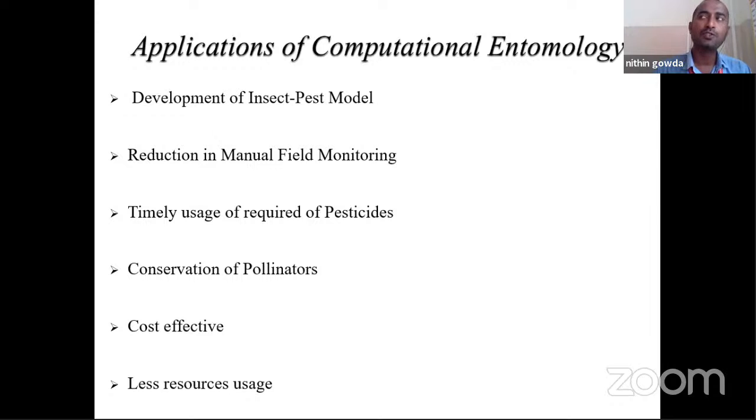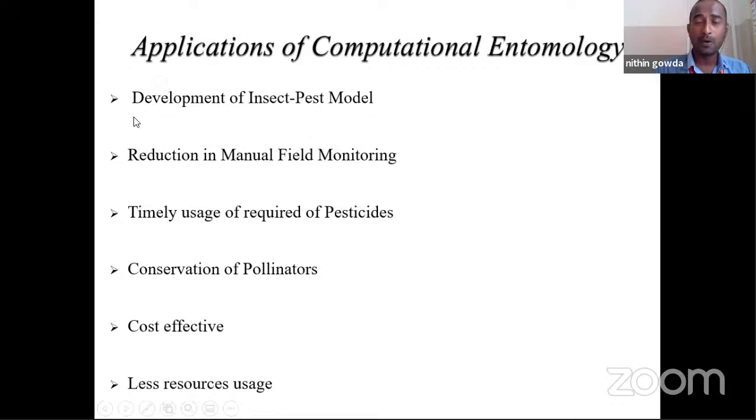And especially you need to spray the pesticides in the month of March. Like that, you can develop a model which will serve as a prerequisite for the farmers. So that instead of simply spraying harmful pesticides and fungicides onto the eatables, they can spray based on that model. That's one advantage of this computational entomology.